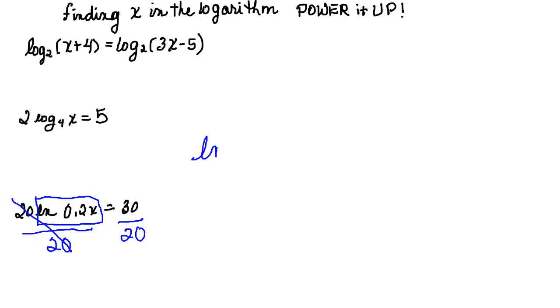So we end up with ln 0.2x equals, and we can get rid of the zeros here, 3 over 2, or if you want to keep to the decimal, 1.5. Okay, the opposite of an ln is an e. So I'm going to e and power up the logarithm, which means I have to e the other side and power up the answer.